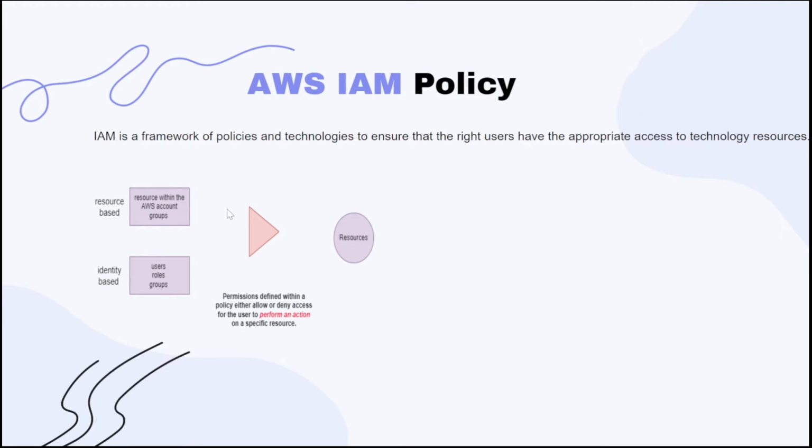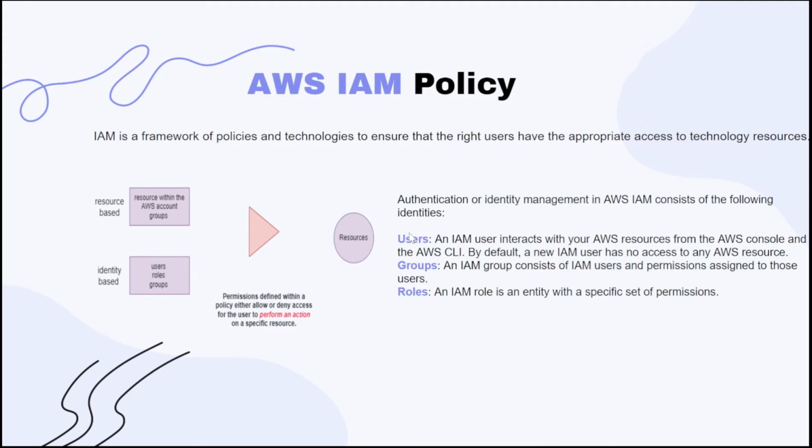Access to our resource. What does it mean to access? It means to perform an action on a specified resource. So, to summarize, identity management in AWS, identity and access management, consists of the following identities.